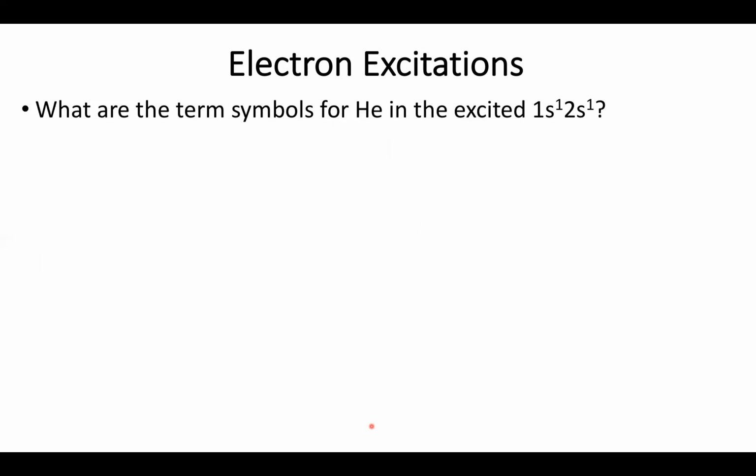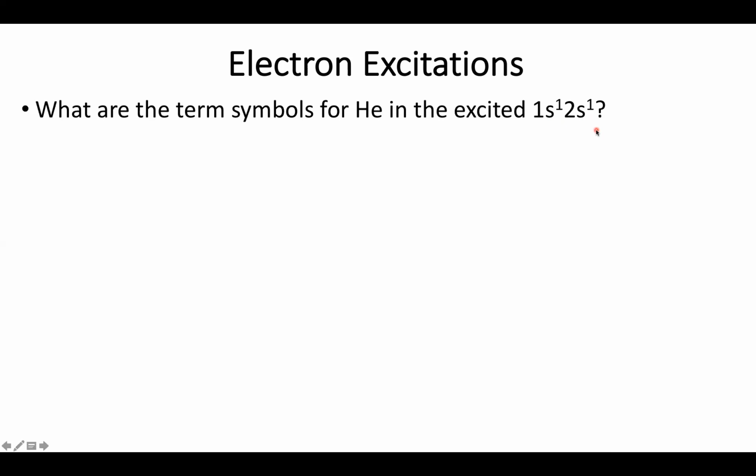So we can extend this case for term symbols for helium in its excited state: one electron in the 1s and one electron in the 2s. As you'll notice, I can't excite into this state directly, but I may end up relaxing down into it. So what's going to be my term symbols for this case? Well, the L's fairly easy because L of 0, L of 0, my total L will also be 0.